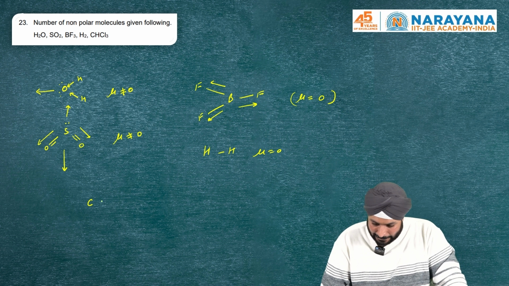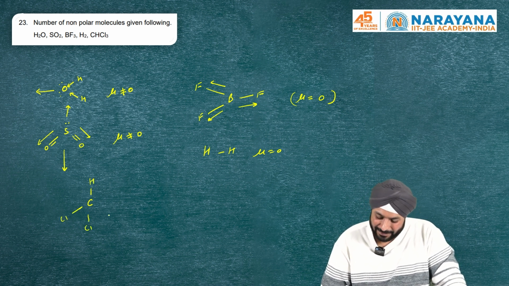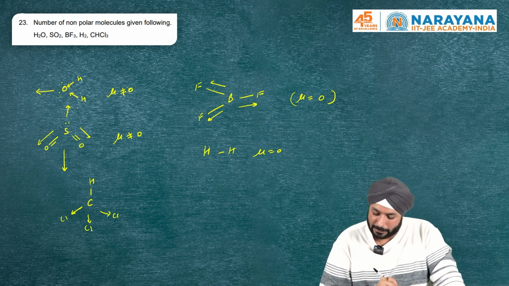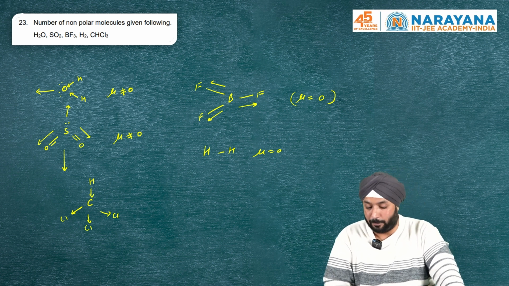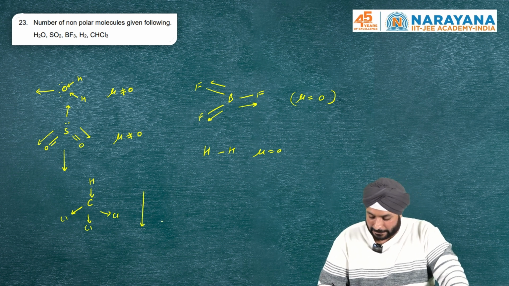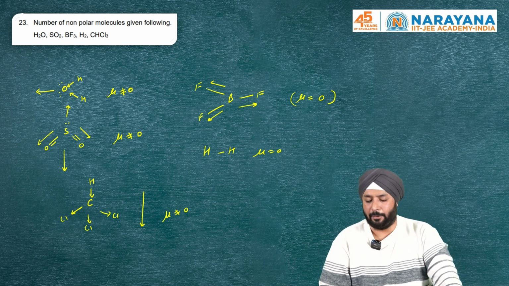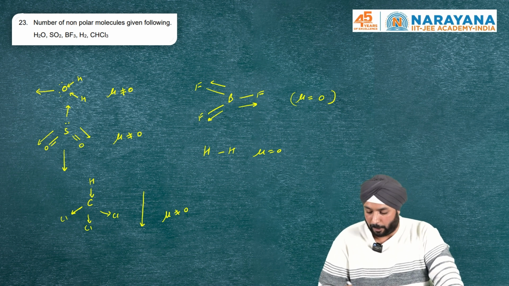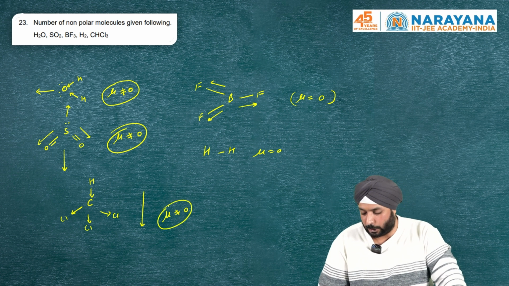In CHCl3, we know that chlorine is more electronegative than carbon. The direction of dipole will be towards chlorine. And carbon is more electronegative than hydrogen. Direction of dipole moment will be towards carbon. The net dipole moment will be down. Hence, the dipole moment will not be equal to 0. So, the non-polar molecules in the given molecules, where the net dipole moment is 0, the answer should be 3.